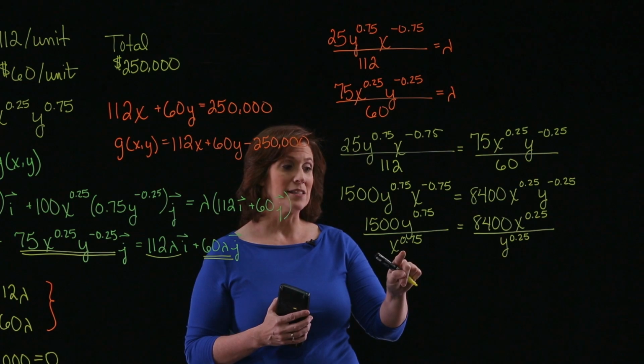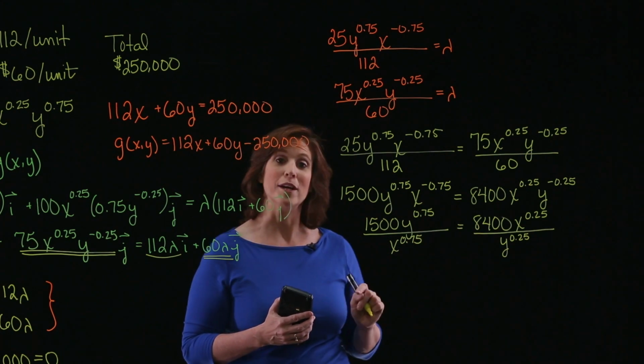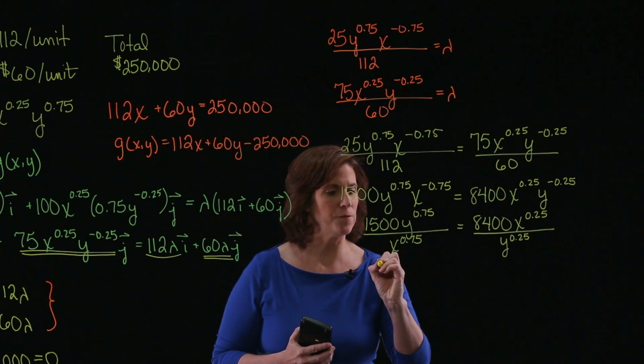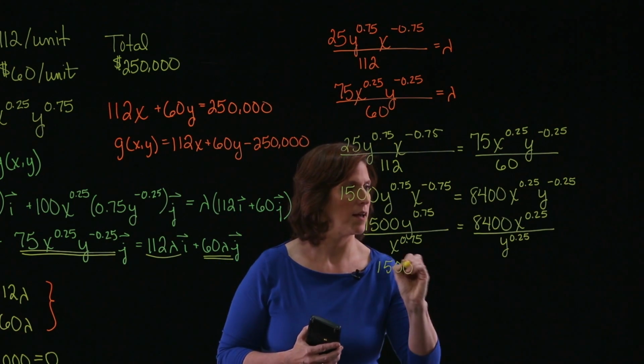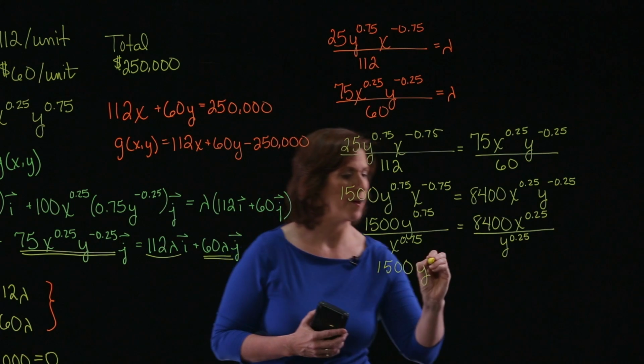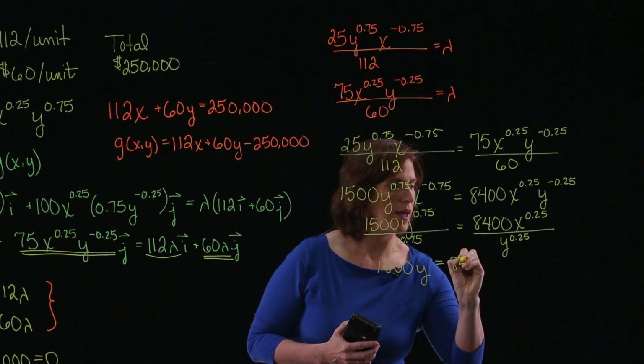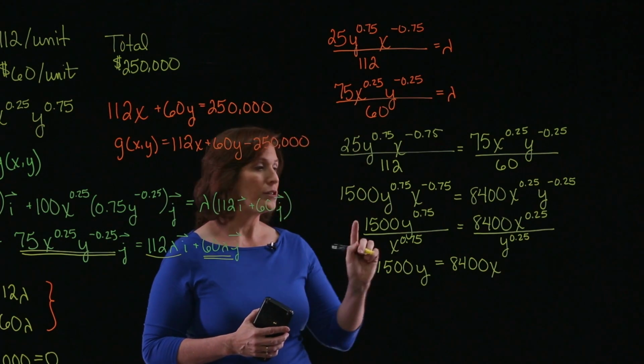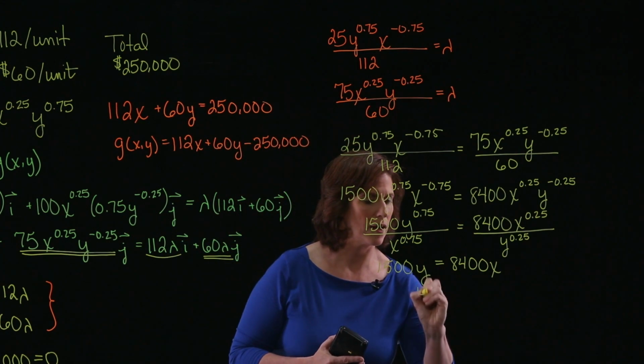Multiplying both sides by x to the 0.75 and y to the 0.25 power, I notice that I'm going to end up with 1,500 times y to the first power, and that's going to equal 8,400 times x to the first power. So I'm going to go ahead and solve this for y.